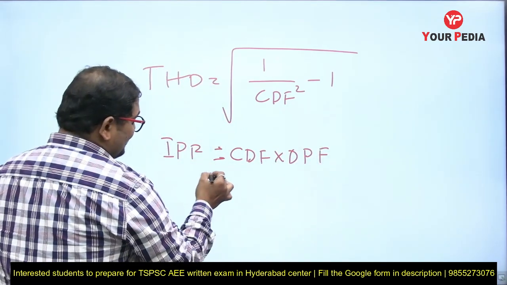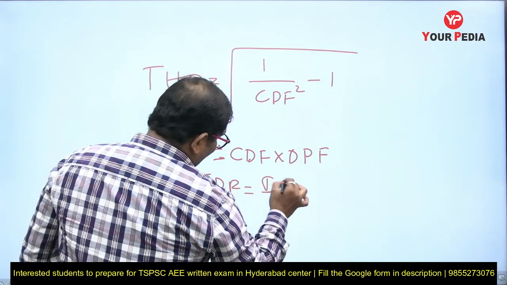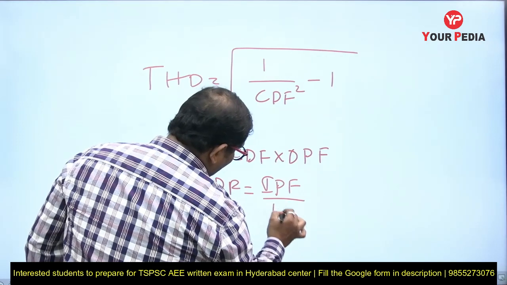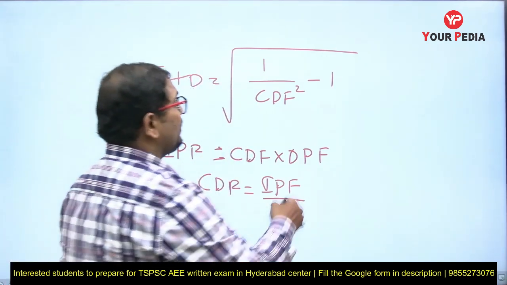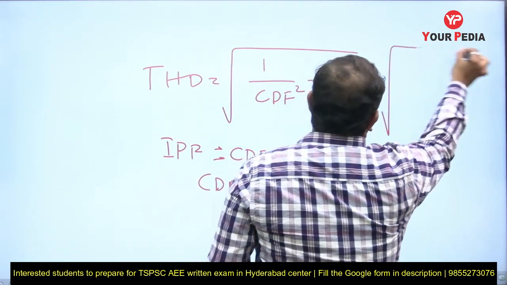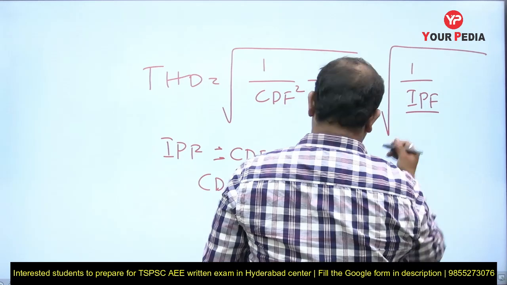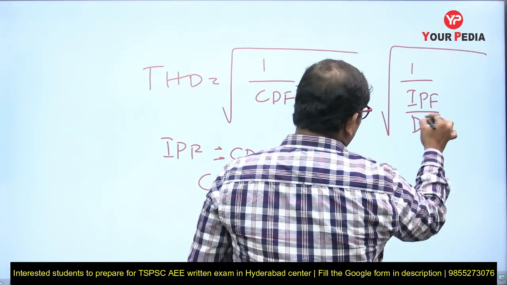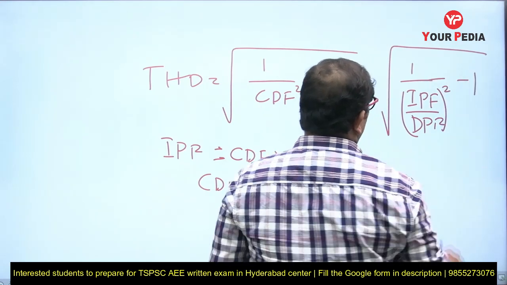So the current distortion factor is equal to input power factor divided by displacement factor. Now let's substitute the current distortion factor here. So THD is equal to square root of 1 by (IPF by DPF) whole square minus 1.